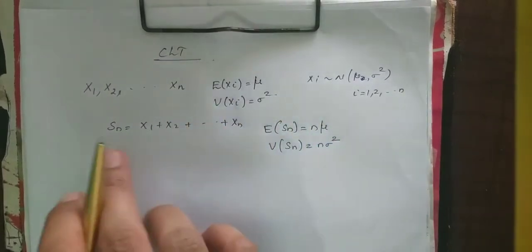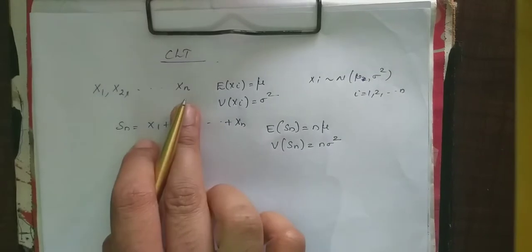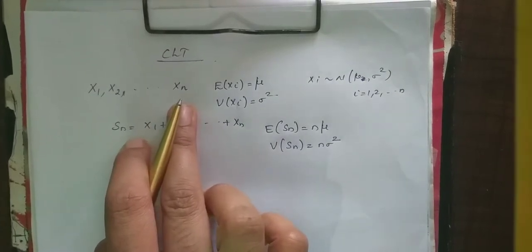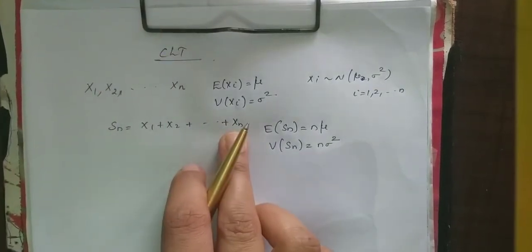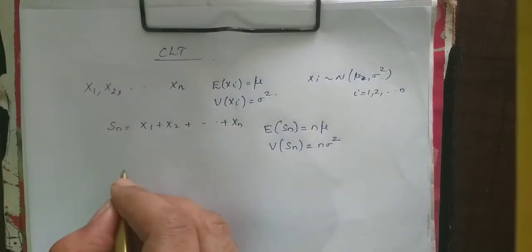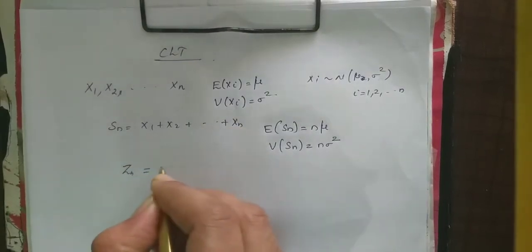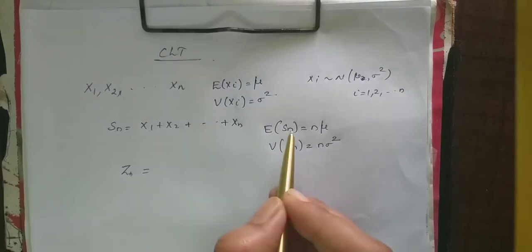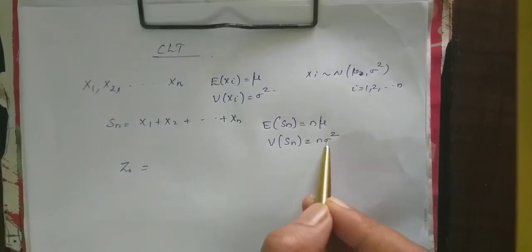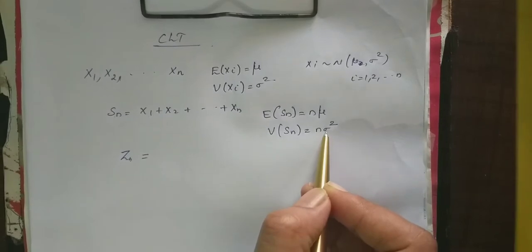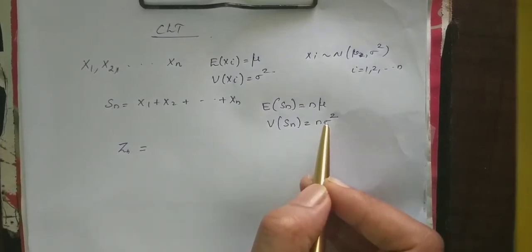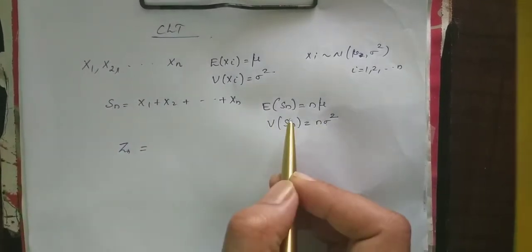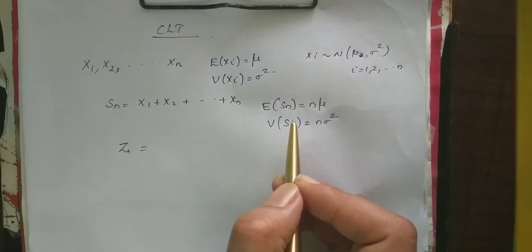Then this is the theorem. That means if xi are IID random variables and Sn is the sum of these random variables, then Sn is asymptotically normal with mean n mu and variance n sigma square. Asymptotically normal means it tends to normal as n tends to infinity.